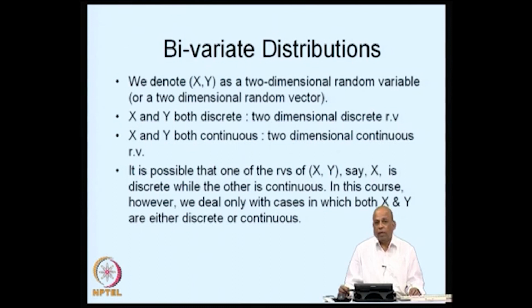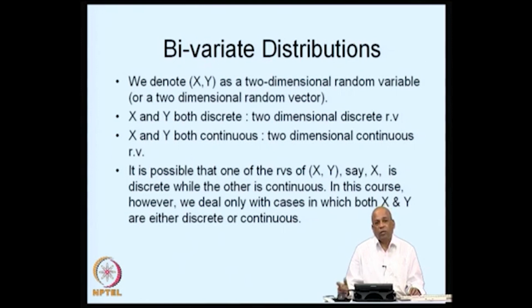Now, we may have a case where both x and y are discrete random variables, and this will define a two dimensional discrete random variable. Similarly, when both x and y are continuous, we define this as a two dimensional continuous random variable.